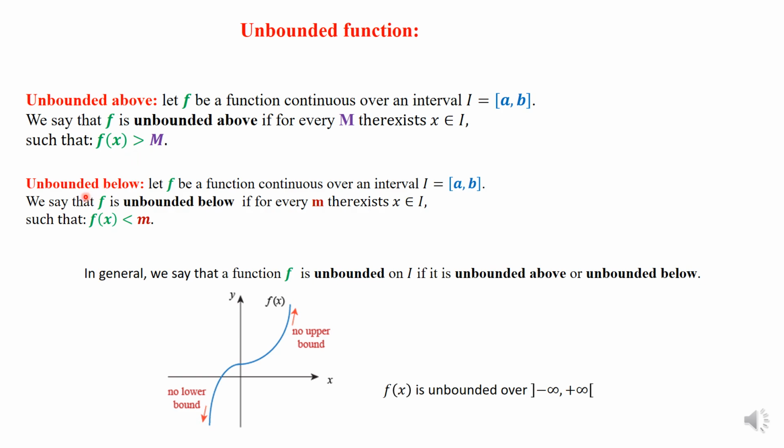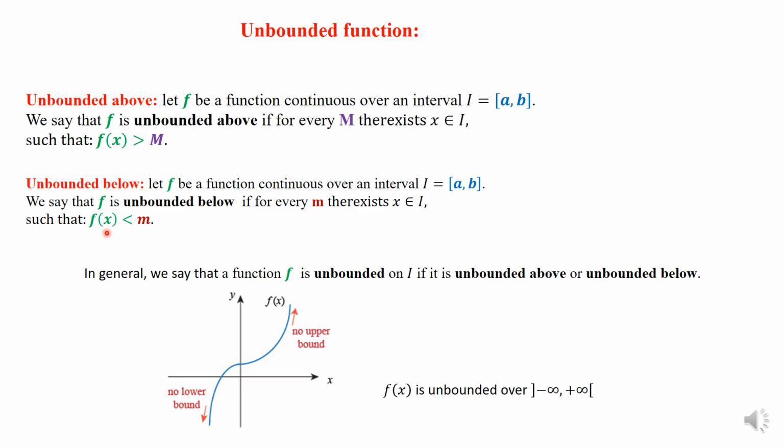Now, what about unbounded below? A continuous function f over I is unbounded below if, again, for every small m, there exists x in the interval I such that f of x is less than m. So it has no lower bound.